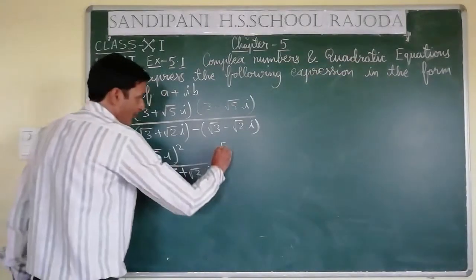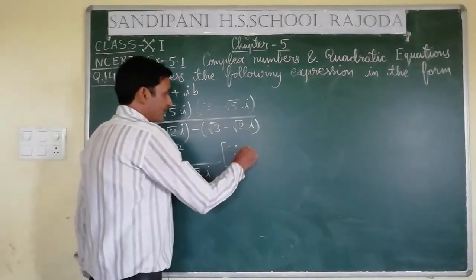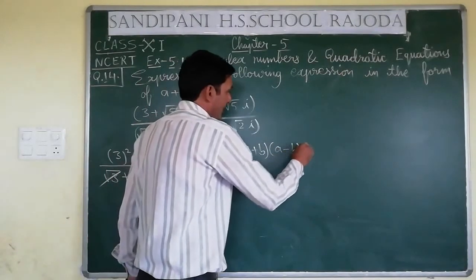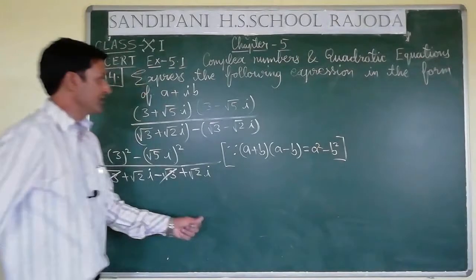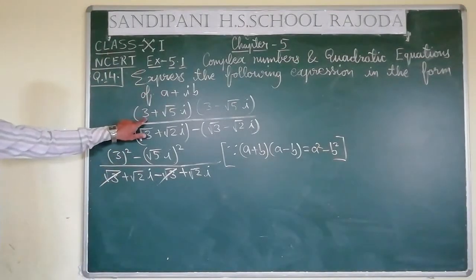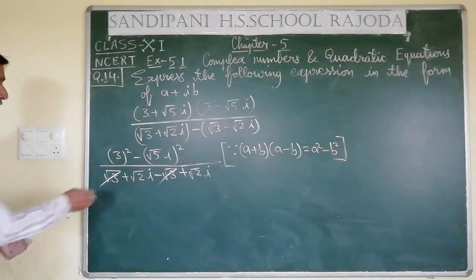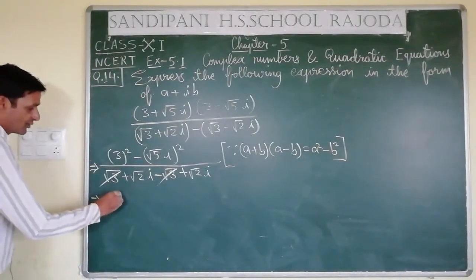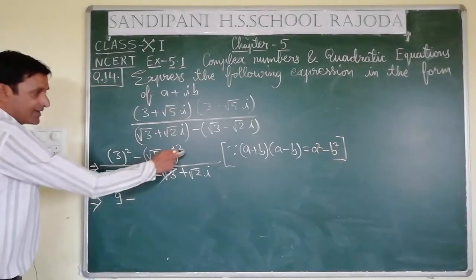And here we have to mention which formula we have applied. So it will be a plus b into a minus b, which is equal to a square minus b square. And let me tell you the value of a here. The value of a is 3 and the value of b is root 5i. So on doing further solution, we will get 3 square, that is 9, and minus root 5 square is 5, and i square is i square.